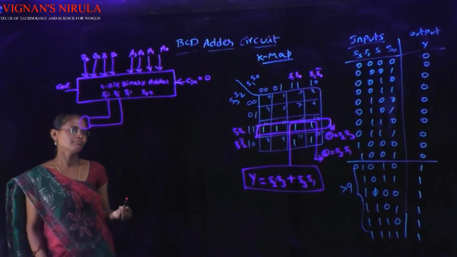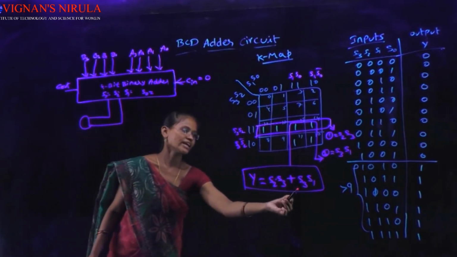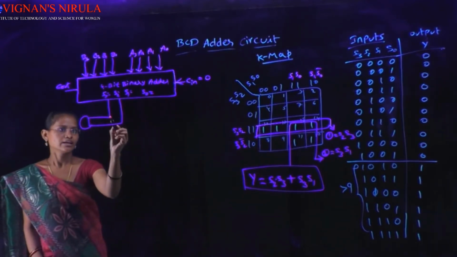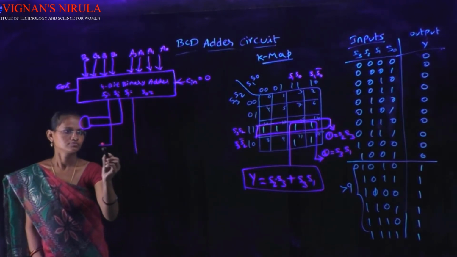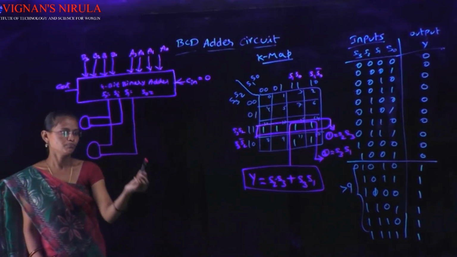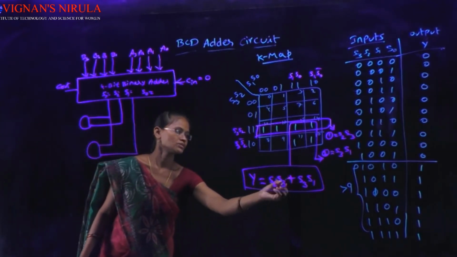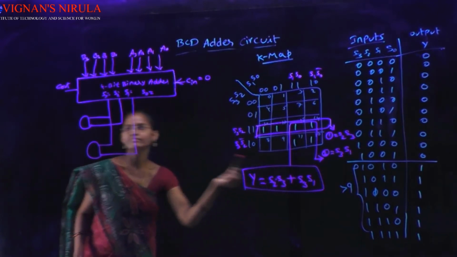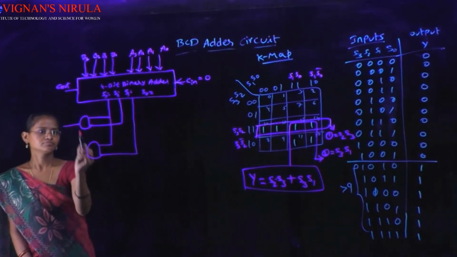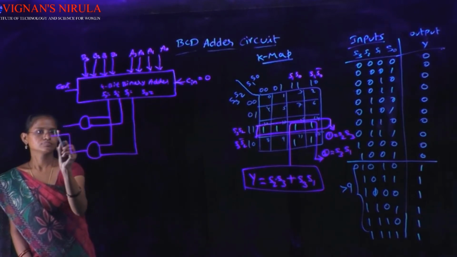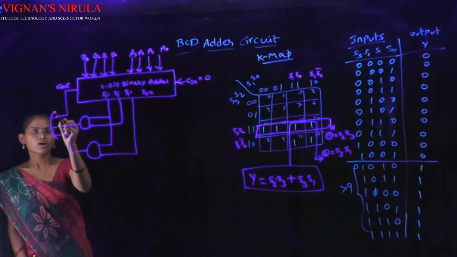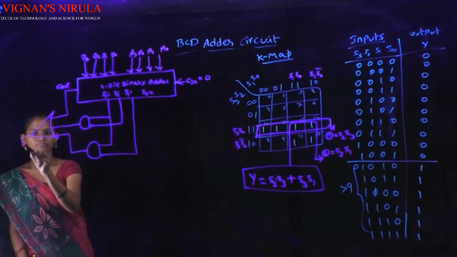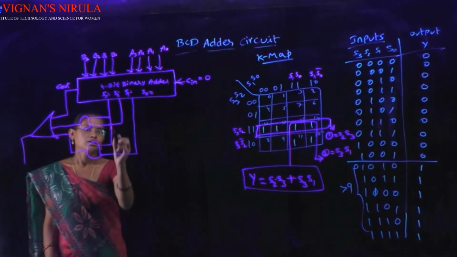Next, S3 and S1 go to another AND gate. Both groups are connected to an OR gate, and the carry out is also connected to the OR gate.